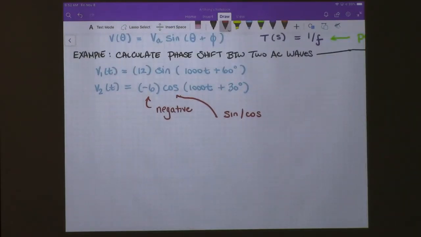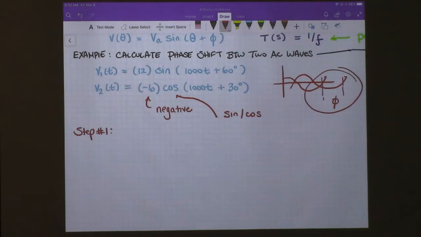Again, our goal here is if we have one function that looks like this, and we have another function that looks like this, we want to figure out what is the phase difference between the zero crossings of those two waveforms. This is the value that we're looking for, is that right there.